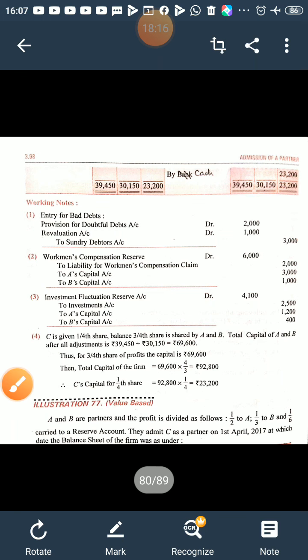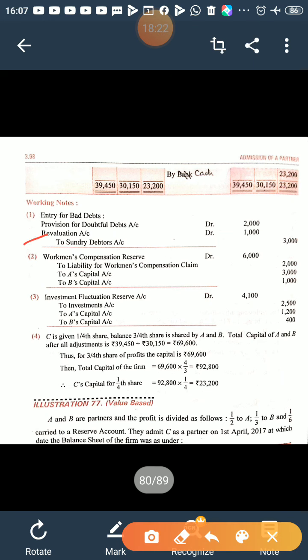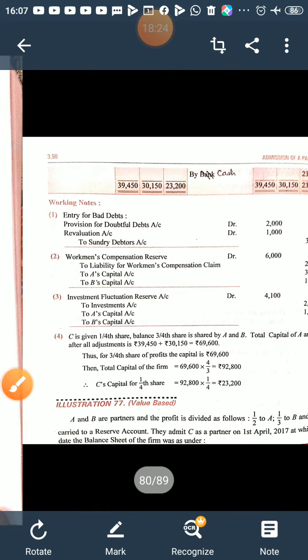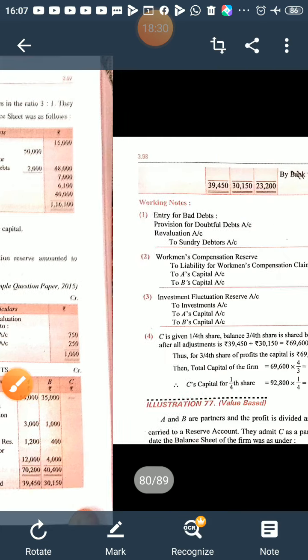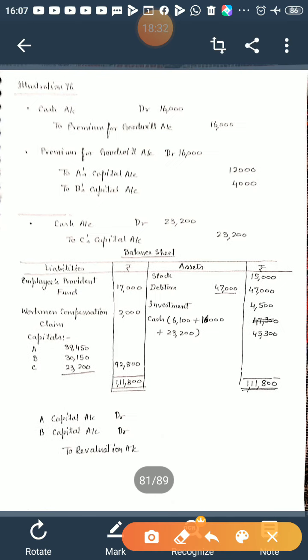There is no need to show the provision because it is already written off, and at the same time revaluation account will be debited with the amount of 1,000 only. In the balance sheet debtors have been shown 47,000. Earlier it was 50,000, 3,000 deducted as bad debt. No provision has been shown.